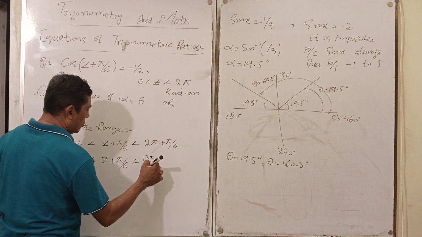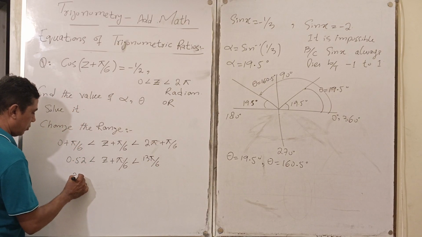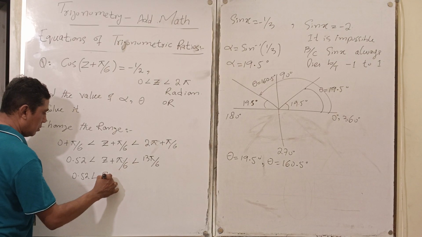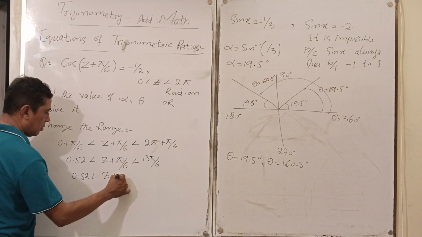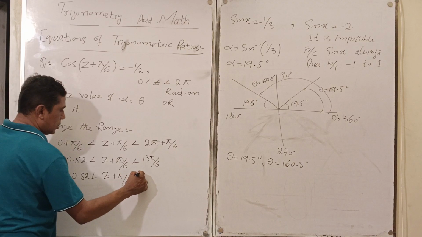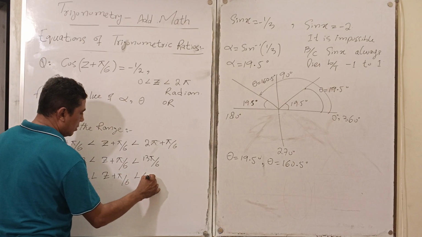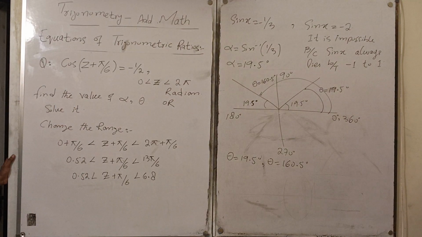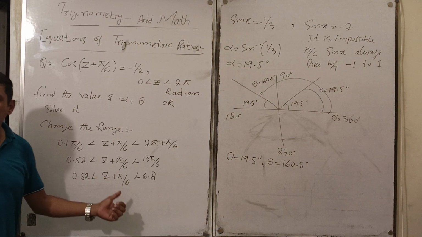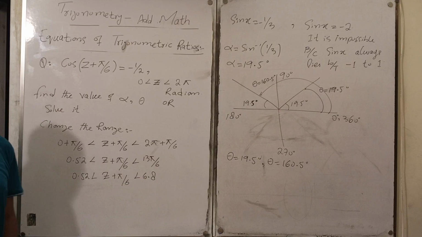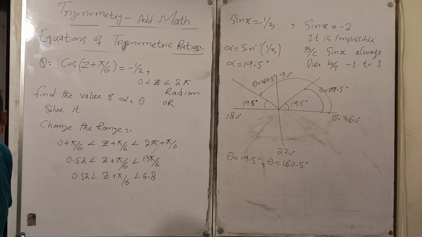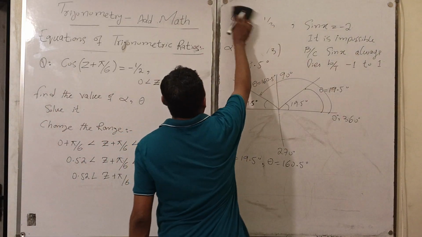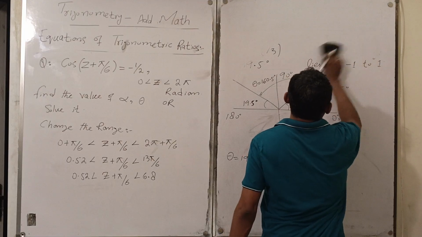Yes. ठीक है, तो इसको कन्वर्ट करो, क्या आ रहा है? 6.8. ठीक है, this is your range. Clear? अब now range of radian. Clear? Okay? तो move forward. I think you are tired.